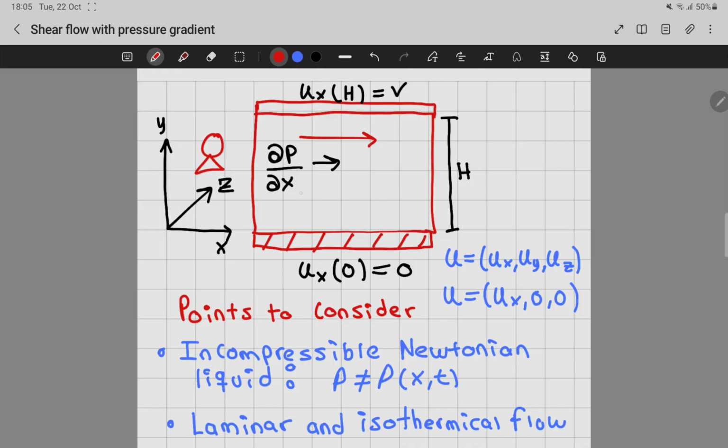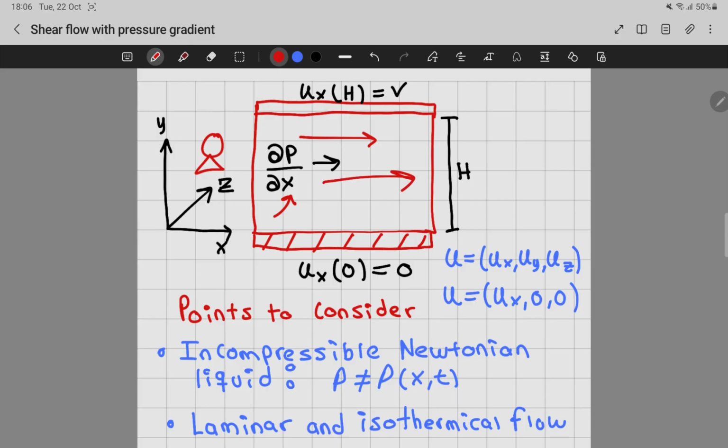That means that the pump, the mechanical device, is going to add a new force, which is called the pressure gradient. This pressure gradient means that we have a variation of the pressure in x direction. So this pressure gradient will push the fluid in this direction.